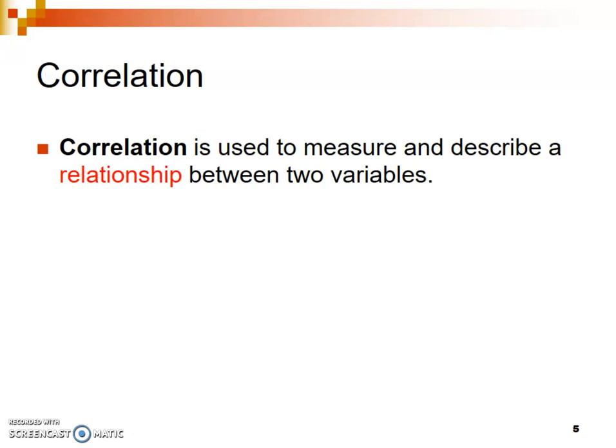So we're going to be dealing with a lot of graphs in this chapter, in that our X will be one of our variables and our Y will be the other variable. And we're going to look at the relationships between these two different variables in a graphical sort of way. So lots of graphs to look at in this lecture.